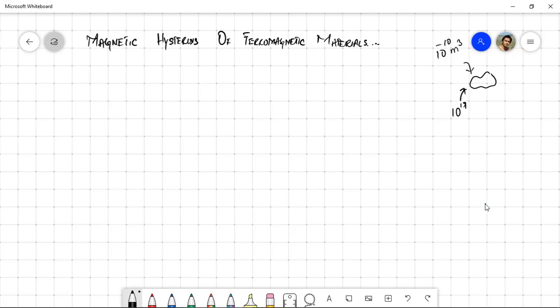In this volume, all these atoms have magnetic moments, and the magnetic moments of all these 10^19 atoms are aligned in the same direction. So all the magnetic moments are parallel to each other for these 10^19 atoms in this domain.